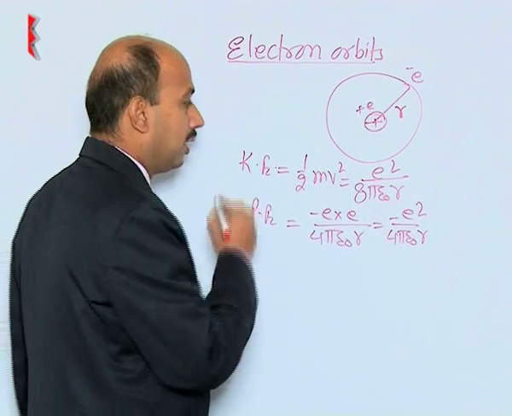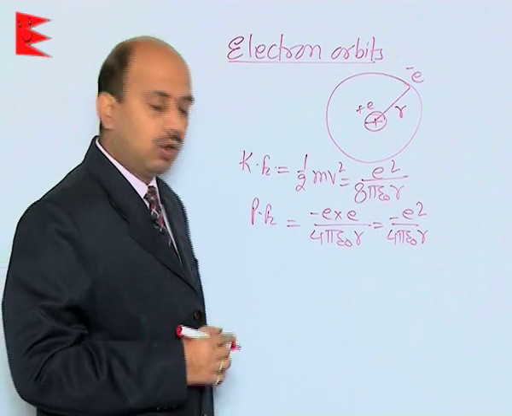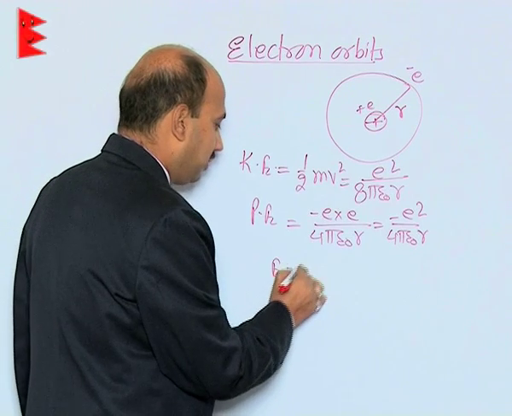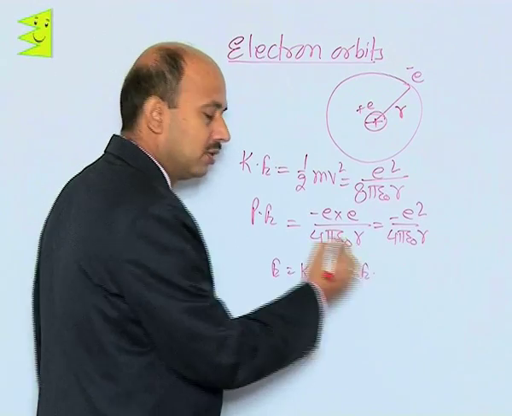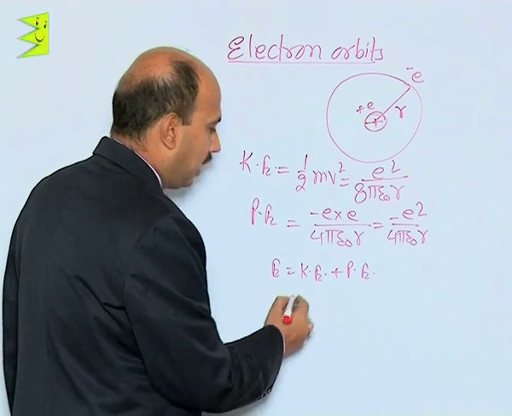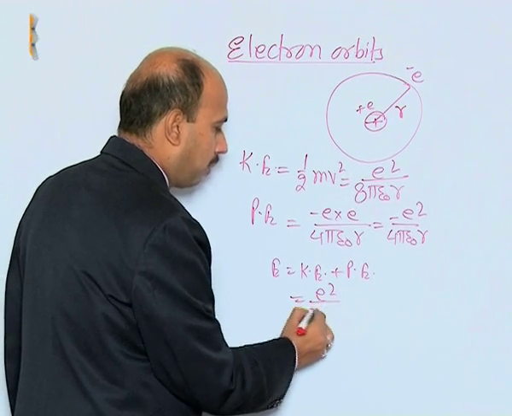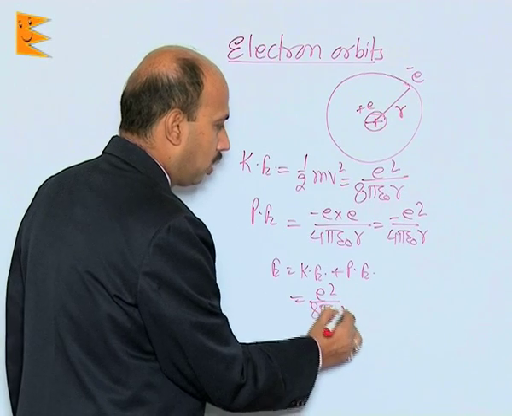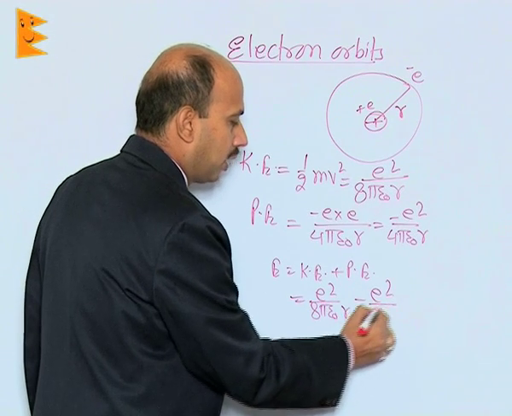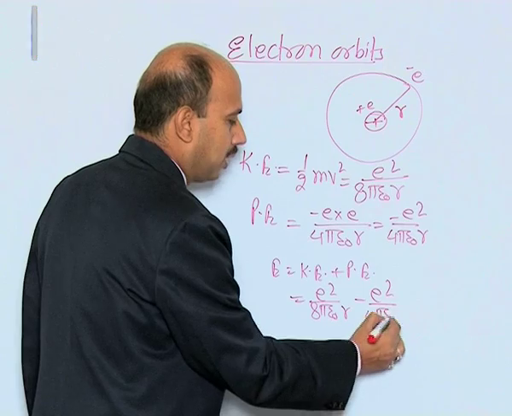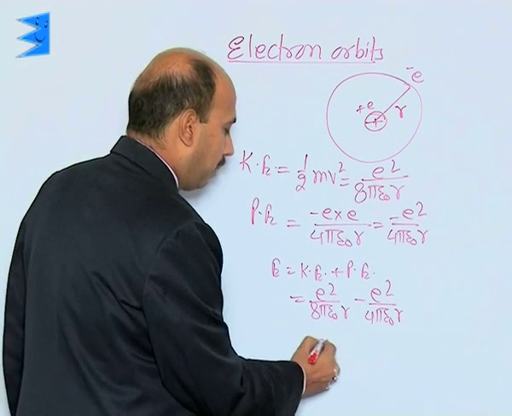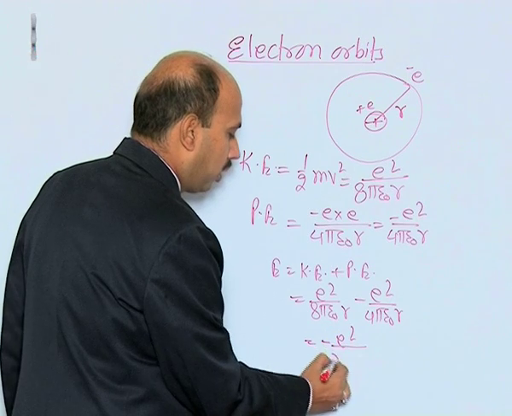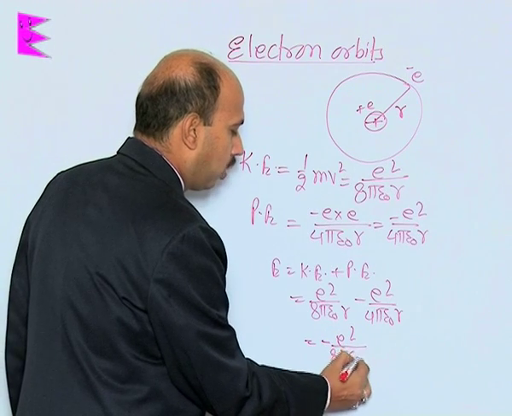Now, we can get the total energy of the revolving electron, that is E equals kinetic energy plus potential energy. So, that can be written as e square upon 8 pi epsilon naught r minus e square upon 4 pi epsilon naught r. When we solve it, we get minus e square upon 8 pi epsilon naught r.